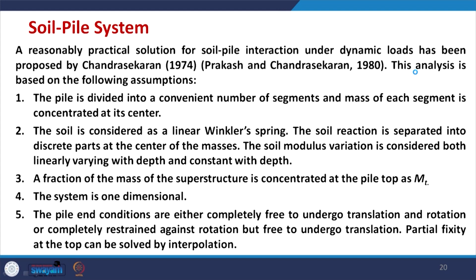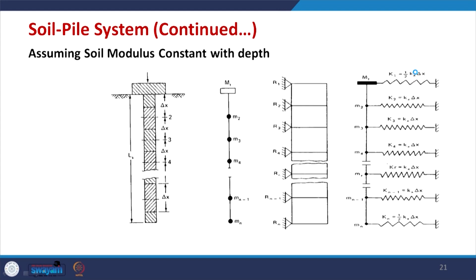What is the meaning of the first assumption? You have this pile. So, try to understand that the pile is passing through the soil, it is not free. And the properties of the soil keep varying, they are not constant with depth. So, what is done is that wherever the soil properties are changing, we divide the pile into a number of segments and layers of different thickness.